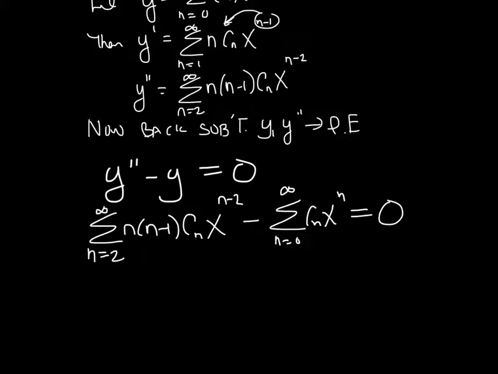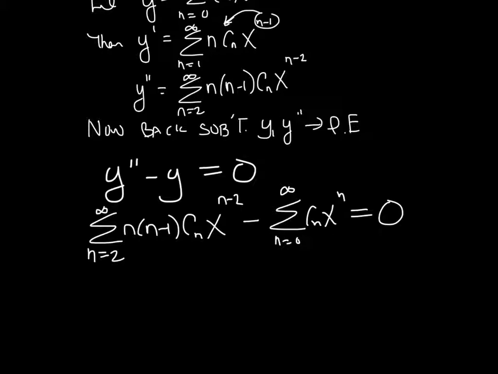Okay, so I have a couple of power series here, and the goal is to find a recurrence relation that will help us explore a pattern to find our c_n's. But we want to make sure that our powers match, x to one power, x to one power. Usually you want to stick with the n, so we can use a dummy variable here.